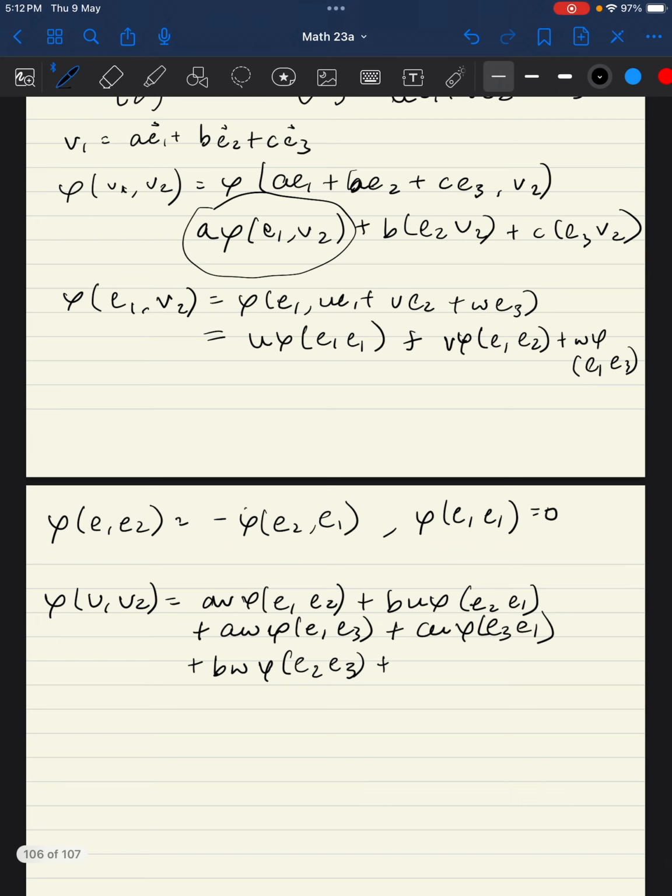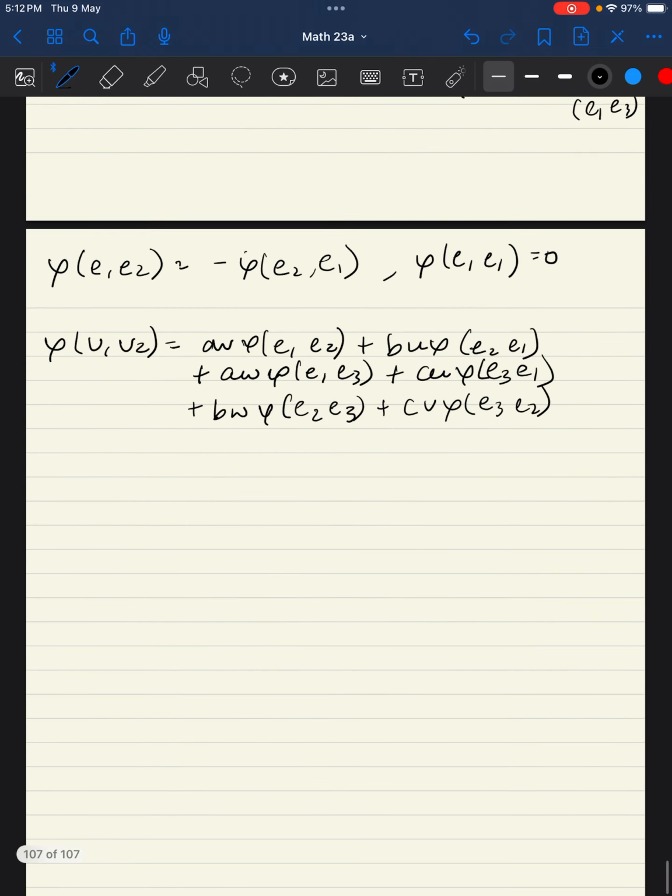I can just copy them down. Plus CV phi of E3, E2.